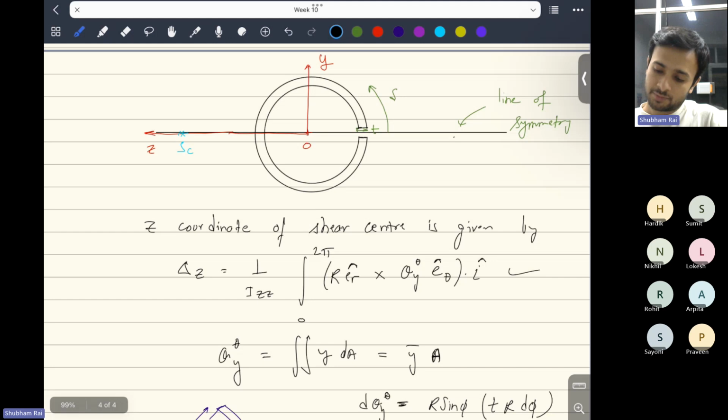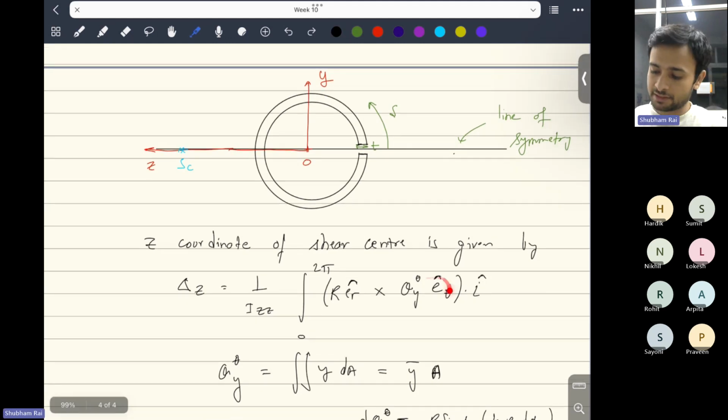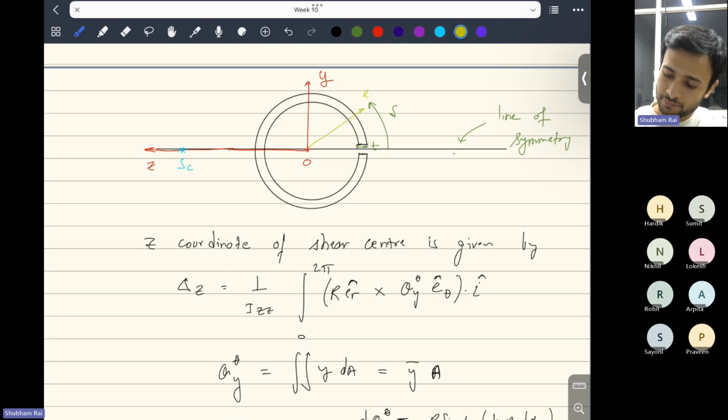Now if you put in this expression, this qy theta is in direction e theta and this r is in direction er. So er cross e theta, you can imagine that this is the er direction, er cap, and here is e theta cap. At any point, obviously it will change.